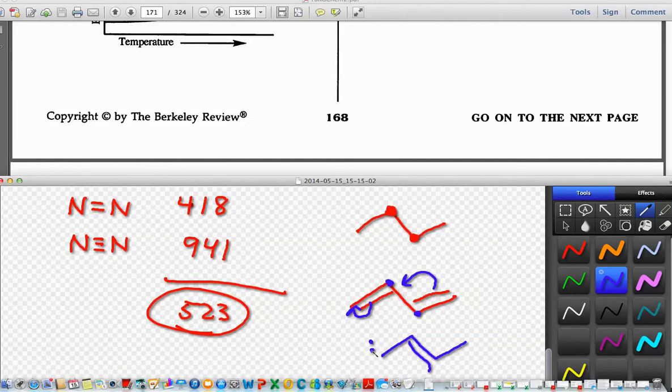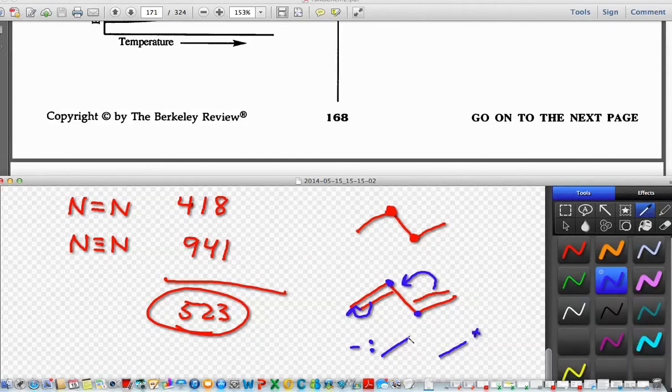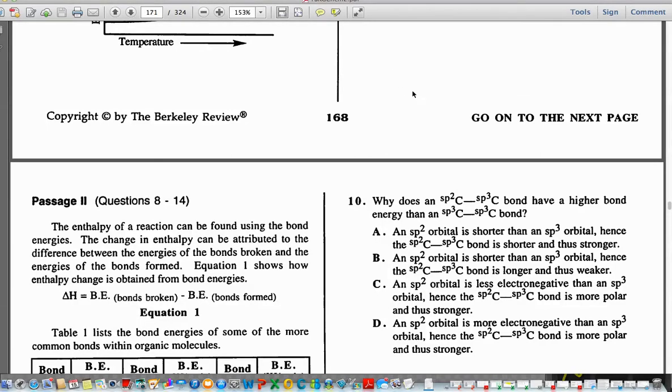Of course, this is going to be negatively charged and this is going to be positively charged. A little carried away there. There's no partial double bond character here. So that's what I suspect before I even look at the answers.